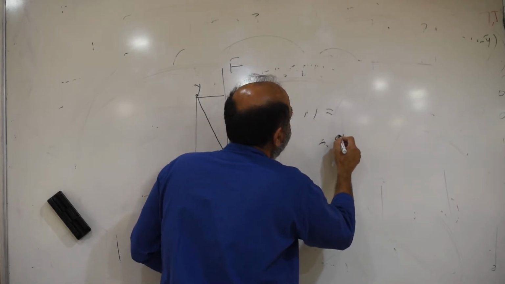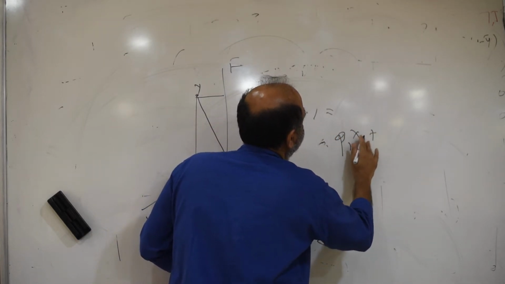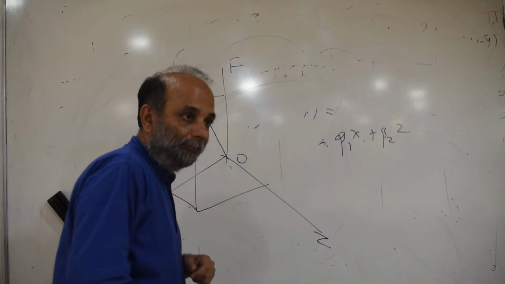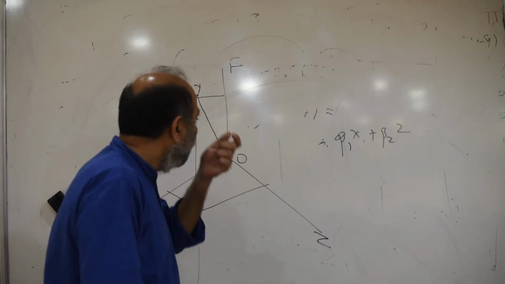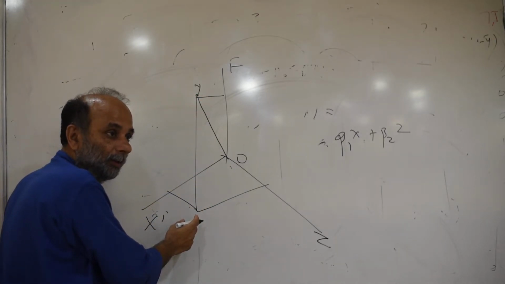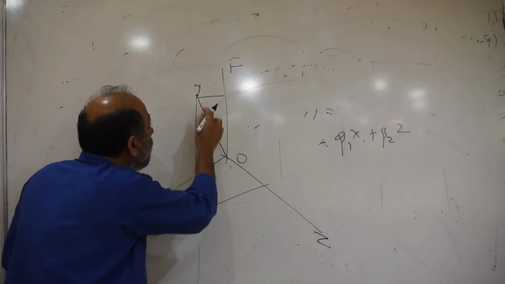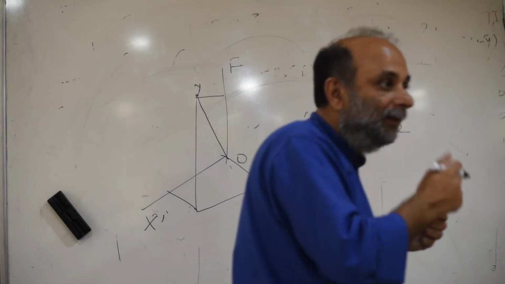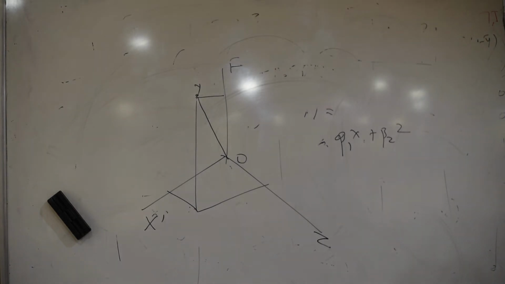I want to find beta 1 x plus beta 2 z, some point corresponding to this vector y, which is as close to y as possible. So I have to find some combination of x and z which is as close to y as possible.